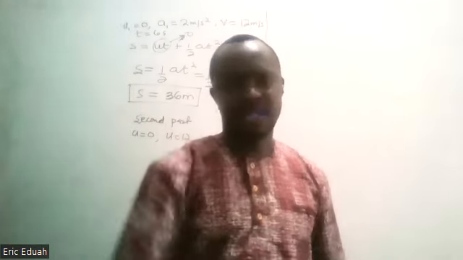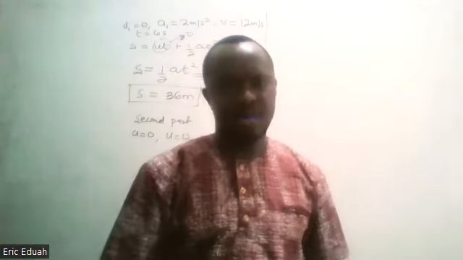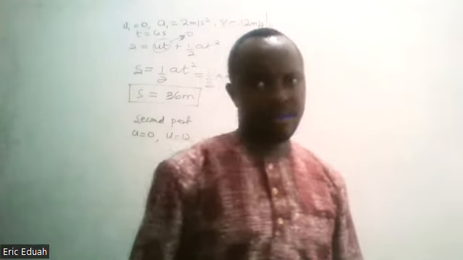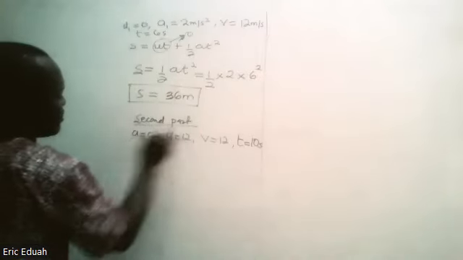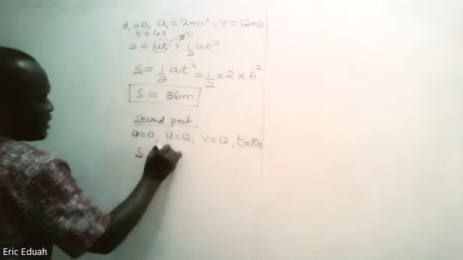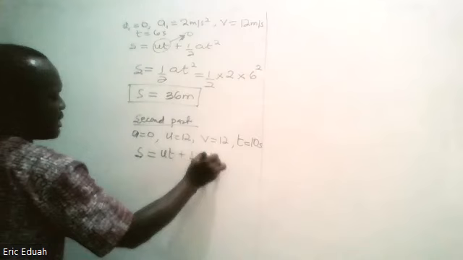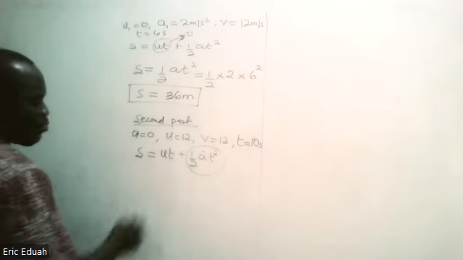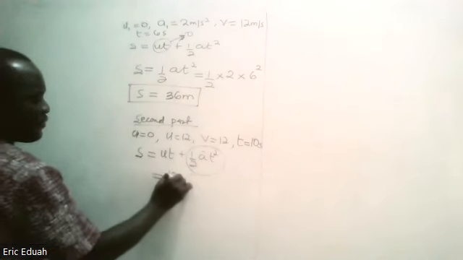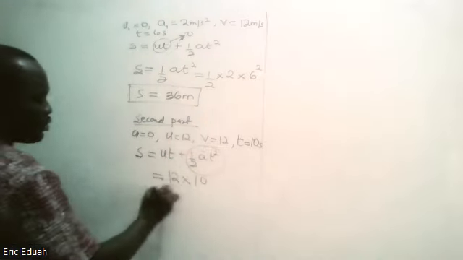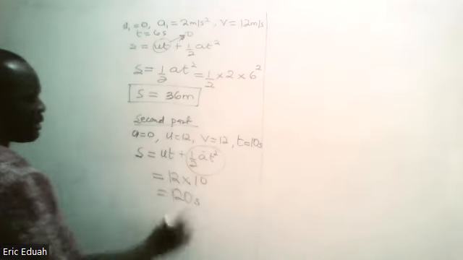Note that this is a sketch, so you don't have to take accurate measurements. If we use s is equal to ut plus half at squared, because a is 0, all that part goes to 0. So we have 12 times the time 10, which will be 120 meters.